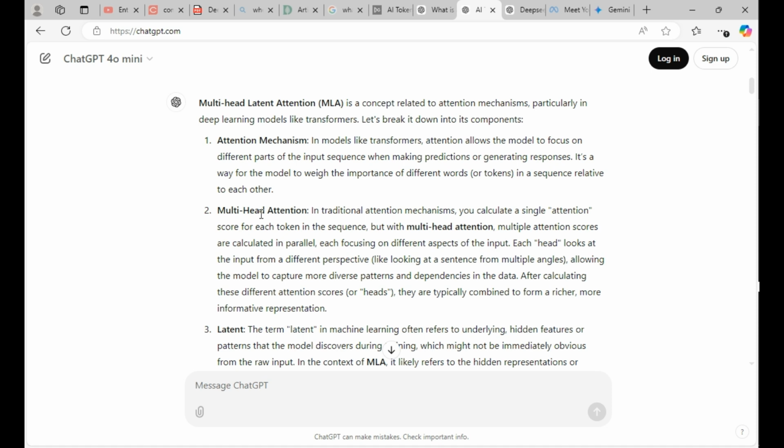Within that parallel realm, it runs its computation and you get different values. Depending on the output, you can say, "Hey, this was a good answer," and now it's starting to learn. So multi-head attention is basically providing different values to those tokens.